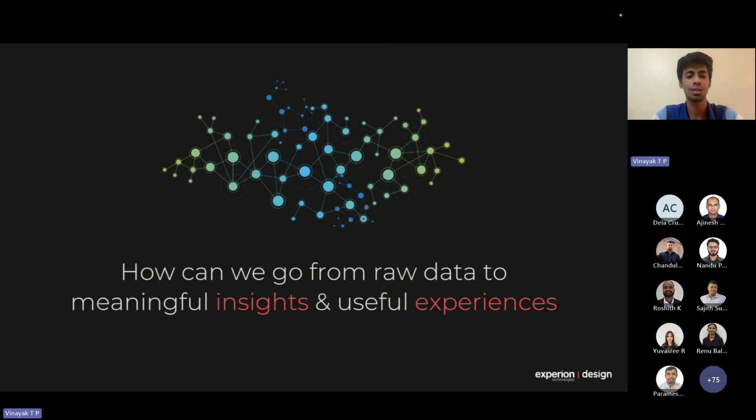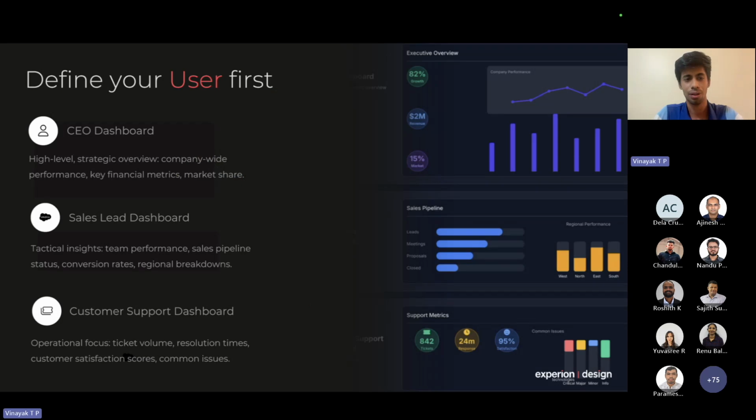So how do we use UX principles to guide us to achieve the goals that users need? First and foremost is defining the users first. Persona is always a key factor to consider when we design anything, let it be a dashboard or whatever.